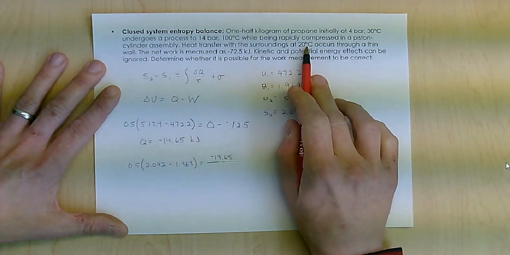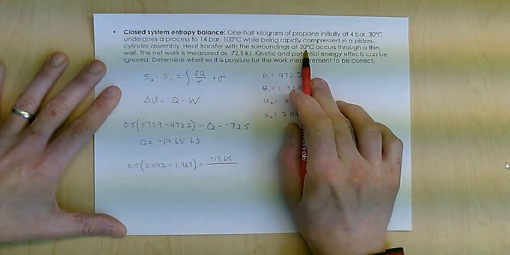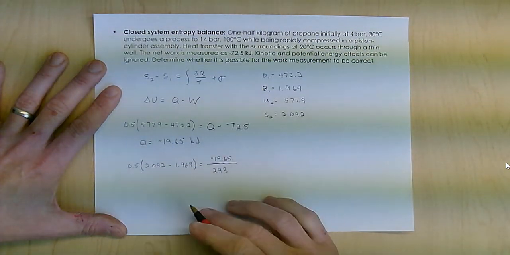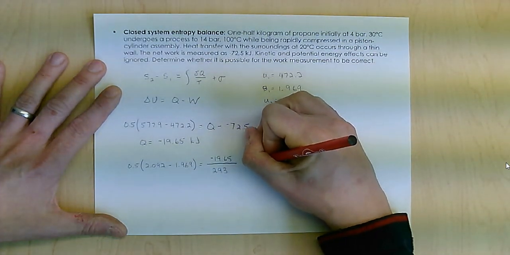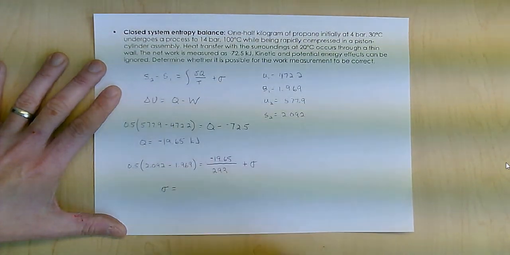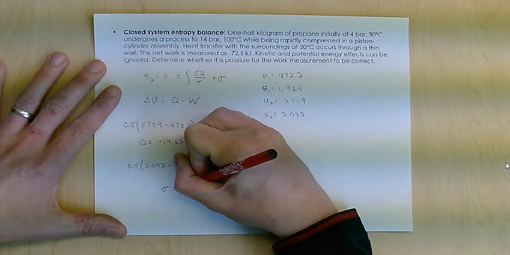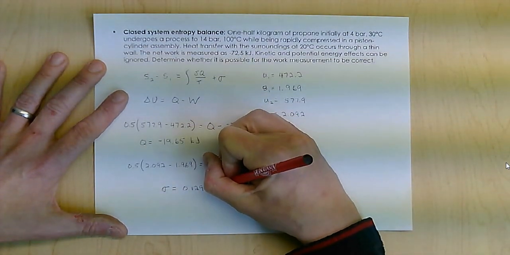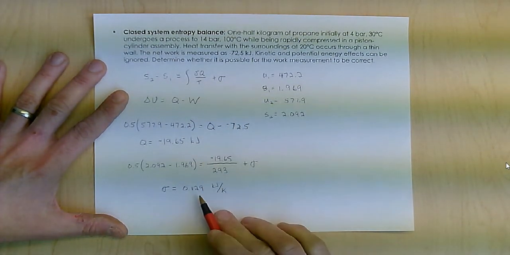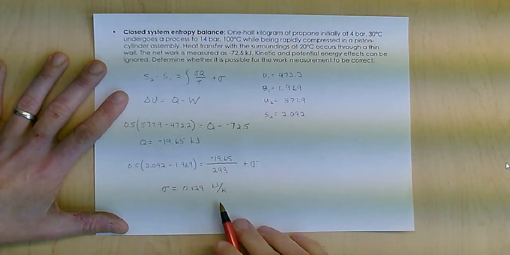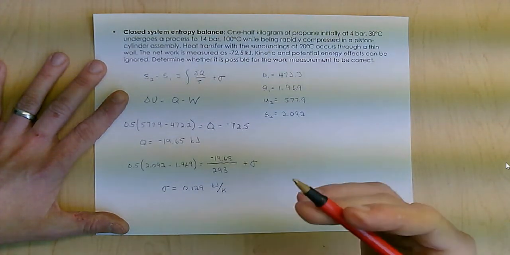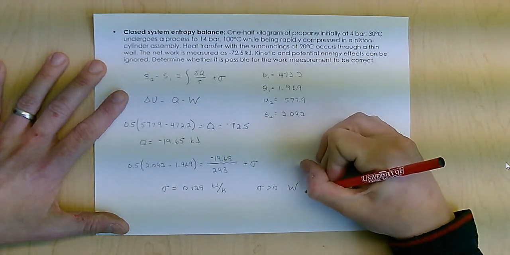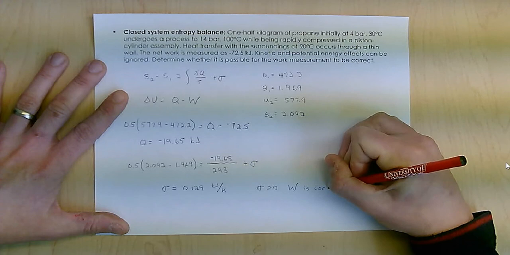T, again, it says up here the heat transfer occurs at 20 degrees Celsius, which is 293 Kelvin, plus sigma. From this, I learned that sigma is 129 kilojoules per Kelvin. Again, that value is not super important, other than the fact that it is positive. Sigma is greater than 0, so W is correct.